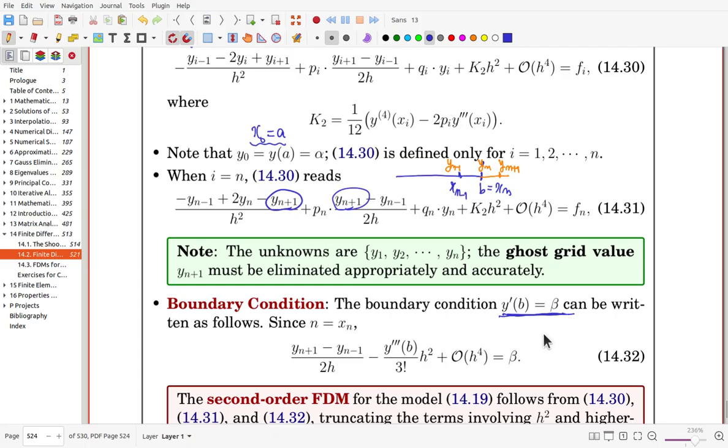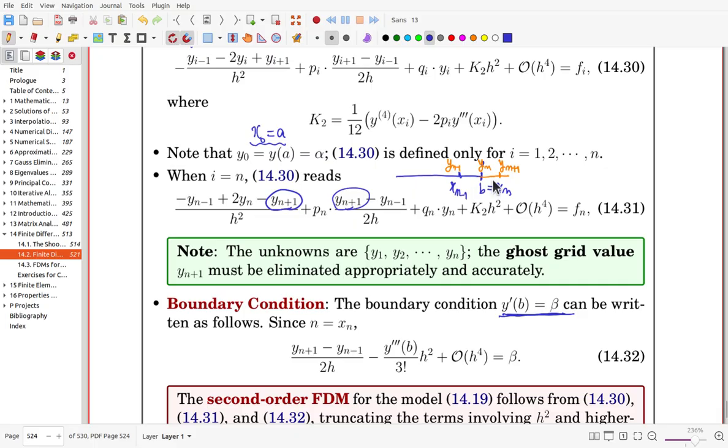Let's try to approximate this equation along with these 3 points, x n minus 1, x n, and x n plus 1. Now, this one at x n can be written in this way. Now y n plus 1, of course, is representing the y value at x n plus 1, minus y n minus 1.